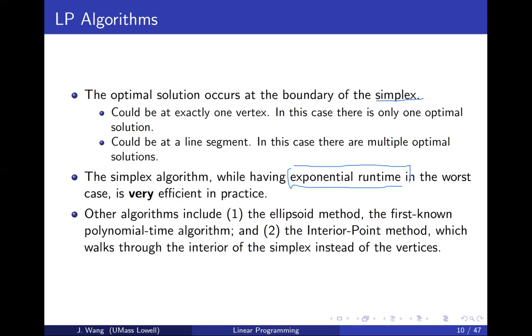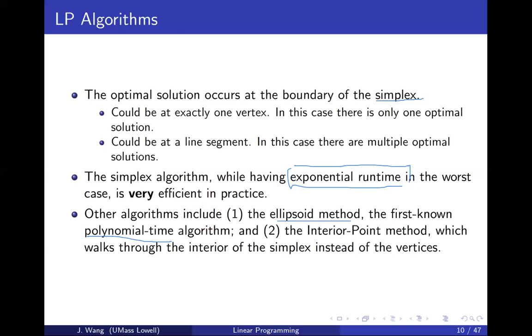So then, of course, in 1960s, maybe 68, the first polynomial time algorithm was devised, and that's called the ellipsoid method. Okay, so that ellipsoid method is a polynomial time algorithm, but the degree of that polynomial is high. So in practice, it is not as good as the simplex algorithm.